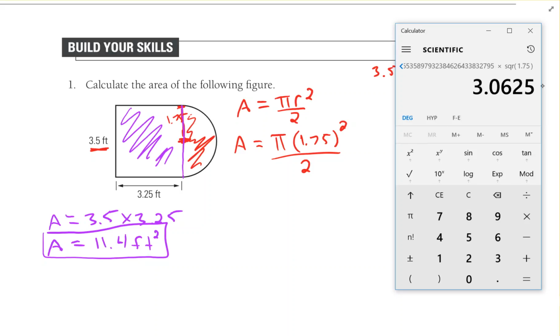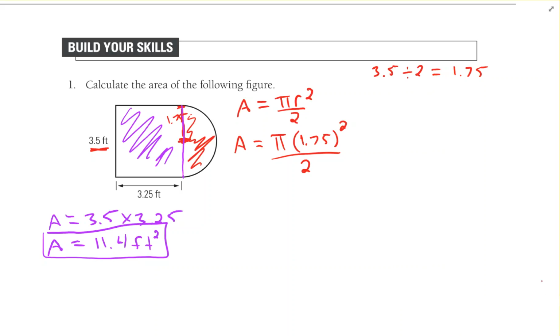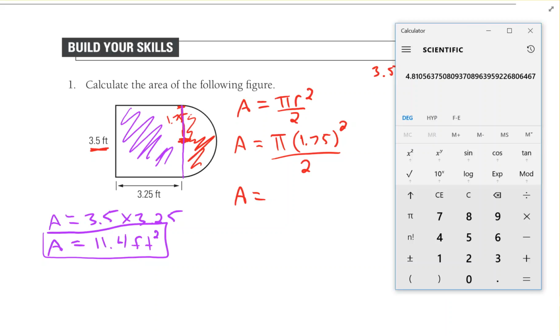I'm going to push equals here and just get everything up top. When I push equals, that whole top part is equal to 9.62 and all those digits. So that would be the area of a full circle. But then the last thing I'm going to do is take that number and divide it by 2 and equals. So the area of our half of a circle was 4.8.